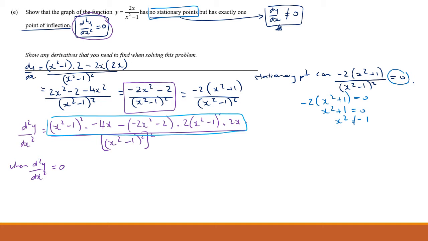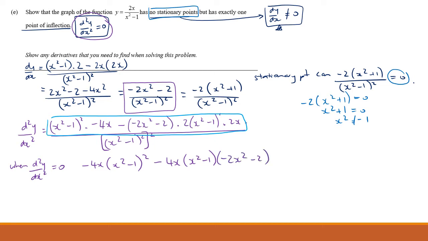Okay, so let's have a look. Let's try and cancel a few things. We've got really two parts. We've got a negative 4x into x squared minus 1 squared, and we've got this negative 4x into x squared minus 1, and this negative 2x squared minus 2.